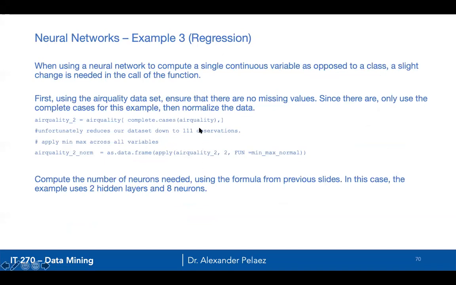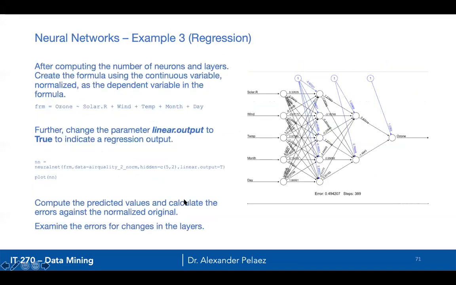I'm going to do this again a little differently. We're going to compute the number of neurons that we need, which in this case, we'll probably end up with 2 hidden layers and 8 neurons, as you'll see in a minute. Our formula is written the same way with our dependent variable out here. It'll be 1, but we're going to change the linear output to true because we're going to indicate to the neural network that it's going to be a true value.